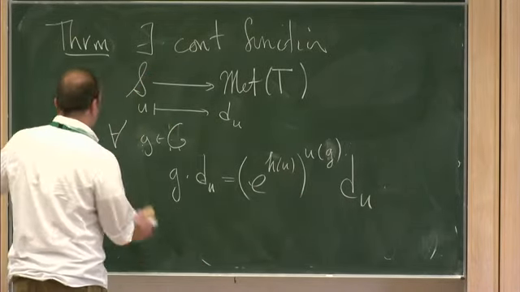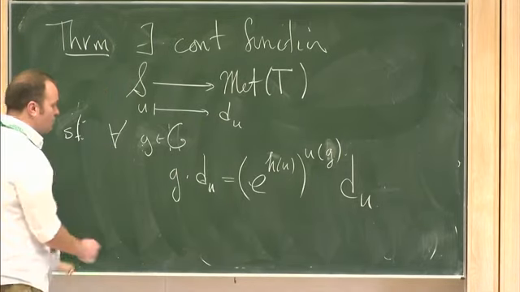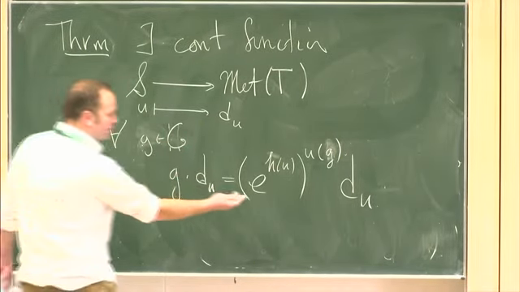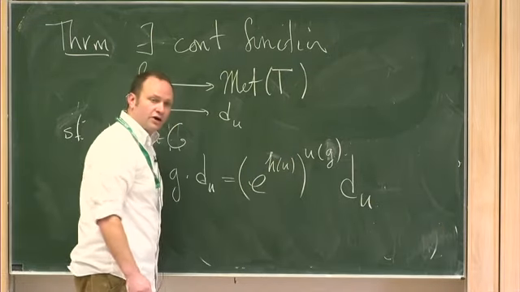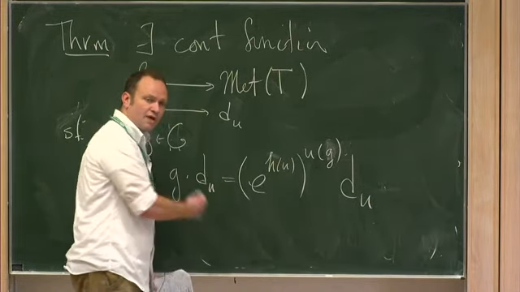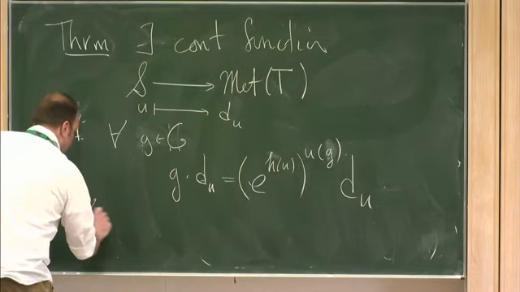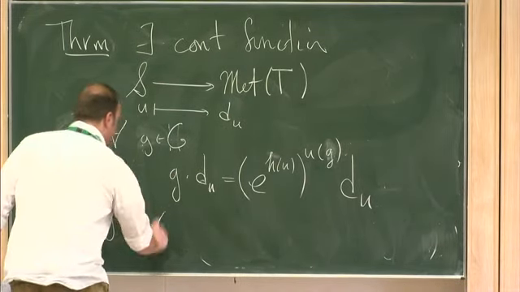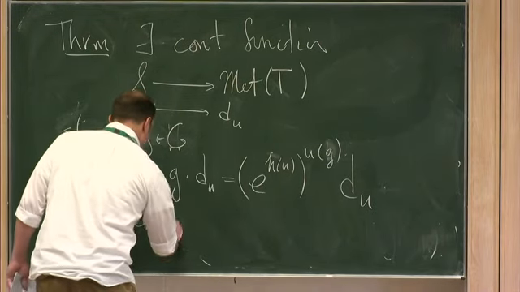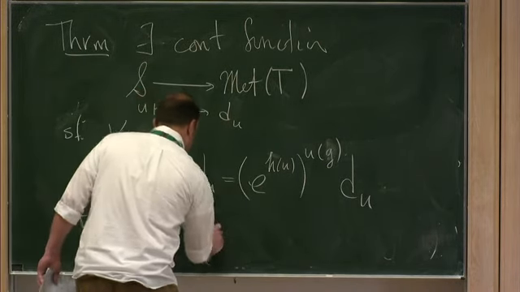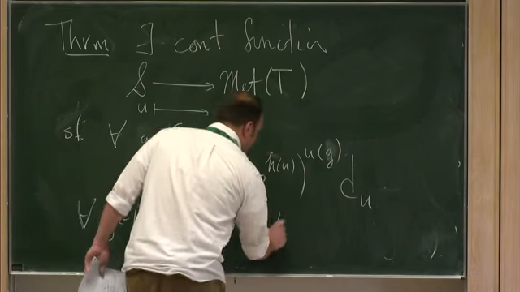But now we're saying that these all assemble together. So maybe just in particular, if G happens to be in the kernel, then I'm not scaling by anything, I'm acting by isometries. So for all G in the kernel of U, G acts by isometries.